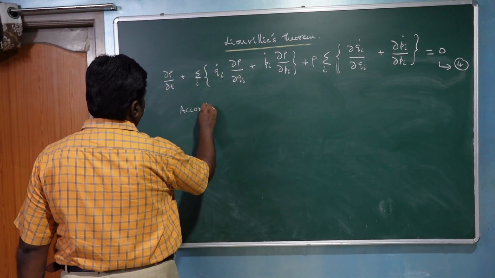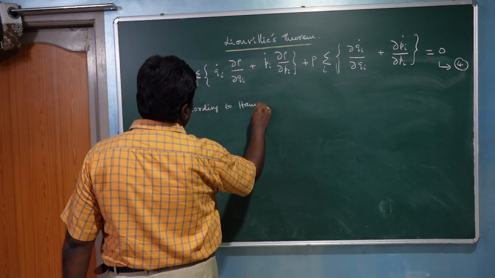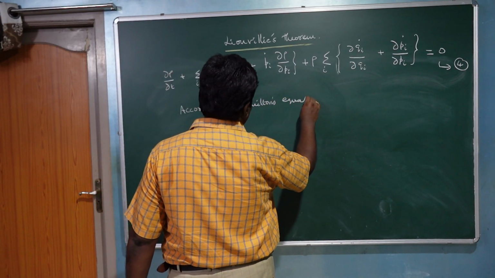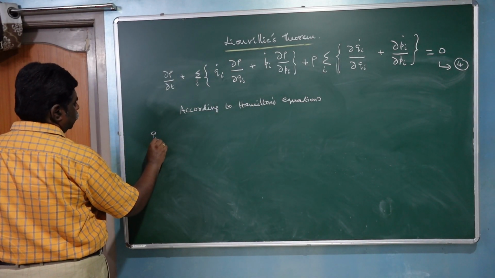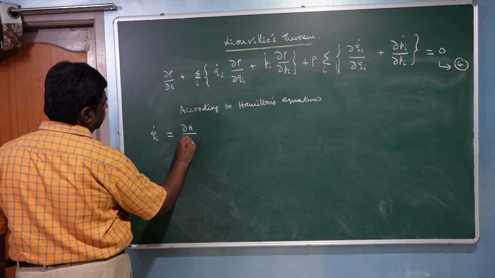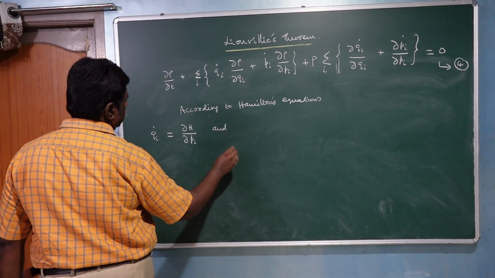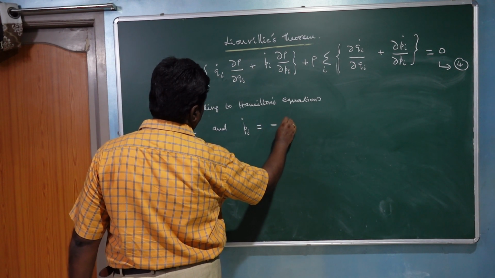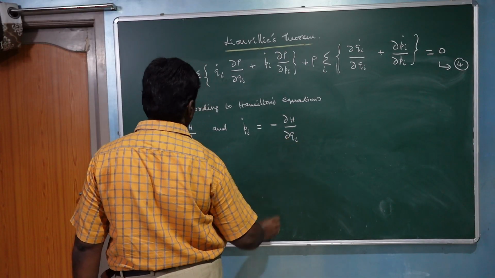According to Hamilton's equation, qi dot is equal to dou H by dou pi and pi dot equal to minus dou H by dou qi.